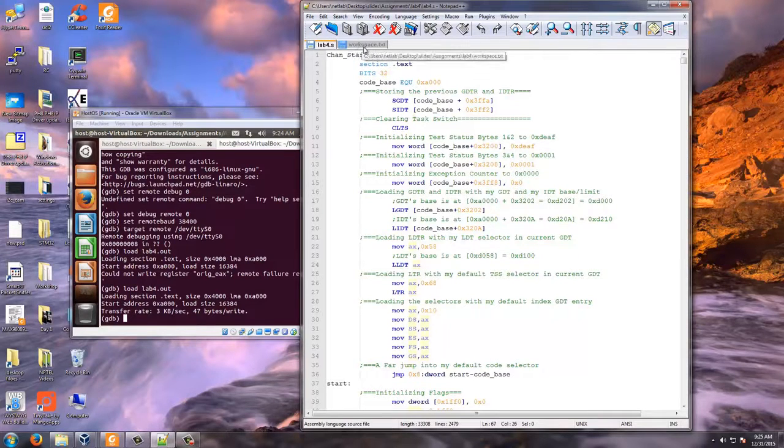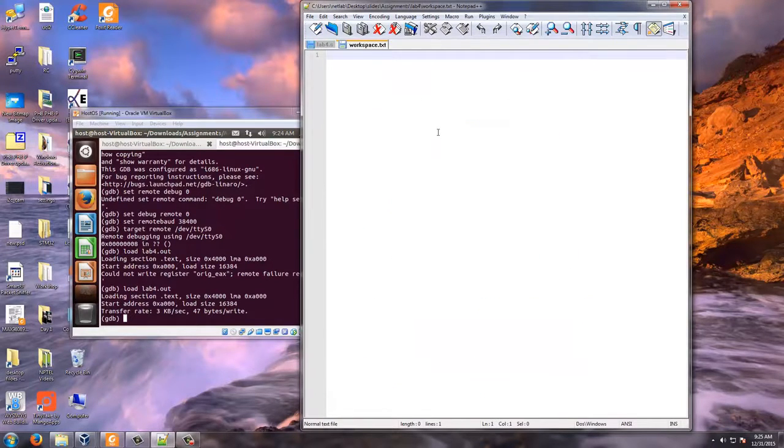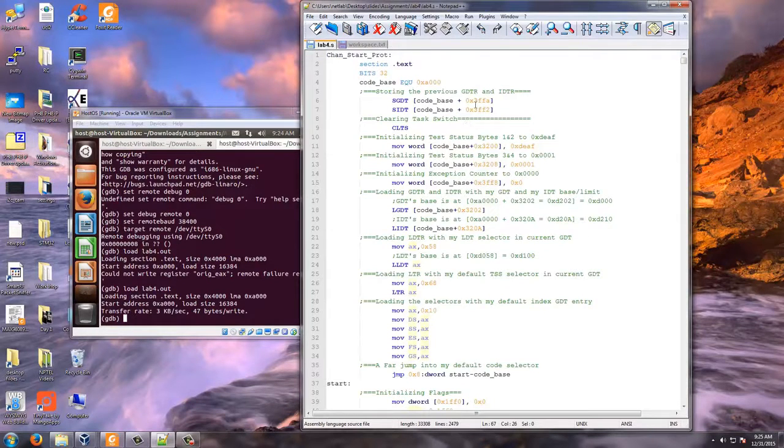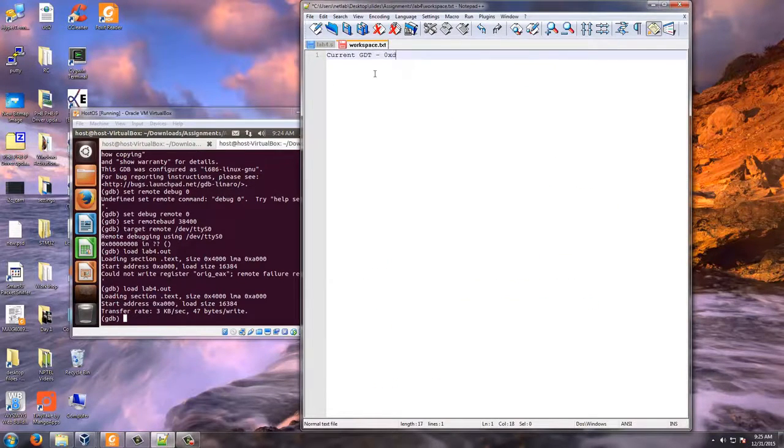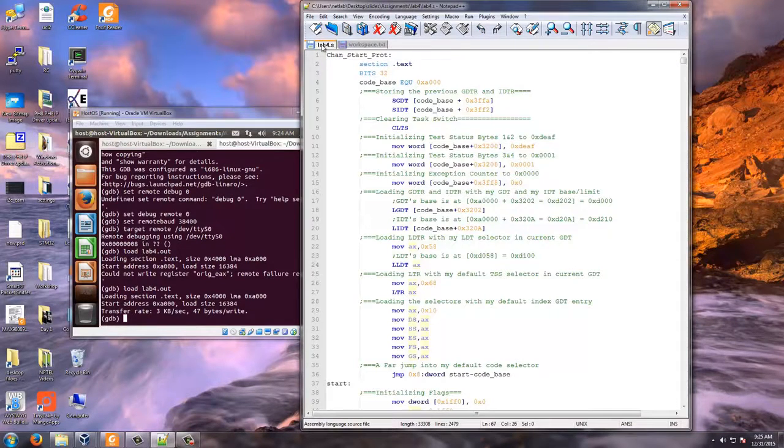We need to understand several parts. We are storing the GDT. Current GDT is stored at 0x, code base is 8000 plus 3FFA, DFFA. And this is 6 bytes. And now this is line number 6.